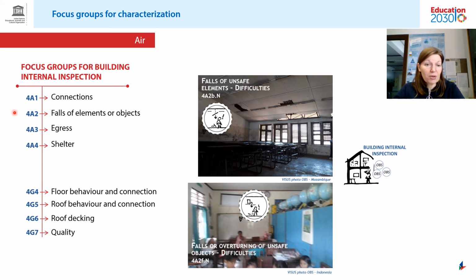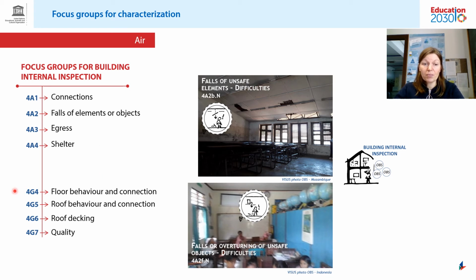If there could be falls of elements or objects inside the schools in case the wind could enter into the schools. For example, in this building, the false ceiling could fall if wind enters into the building. Then the egress, and if the building is conceived as a shelter during strong wind situations.